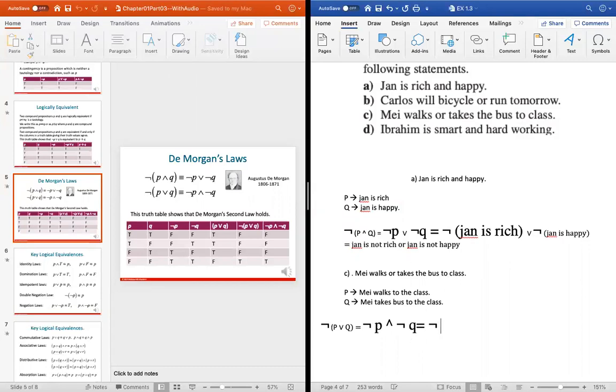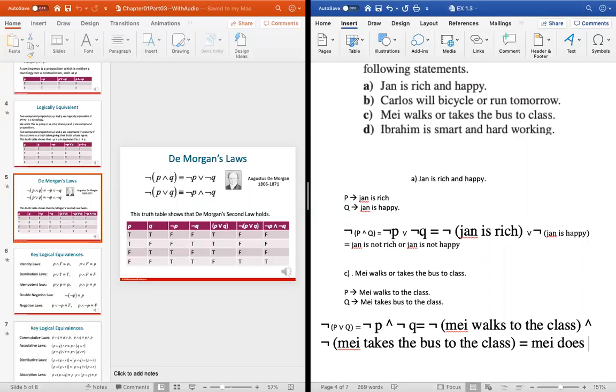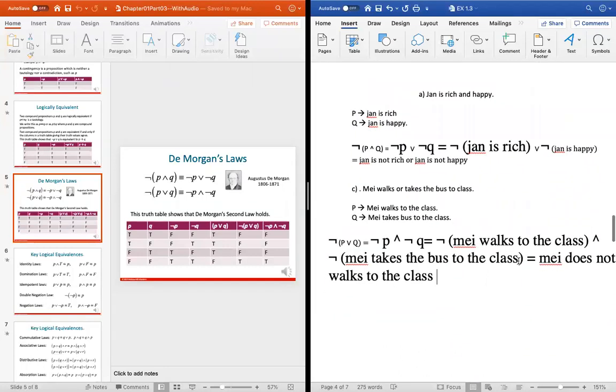Now if we replace this with words, my negation of walks to the class and, let me just put it on the second line here, my takes the bus to the class, is basically equivalent to my is not walks to the class and does not take the bus to the class.